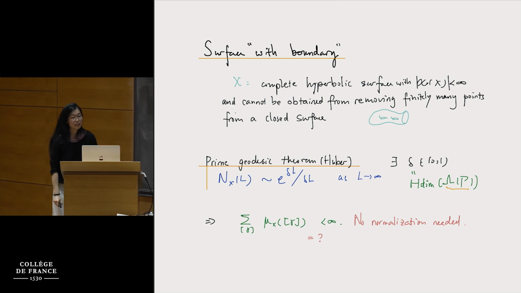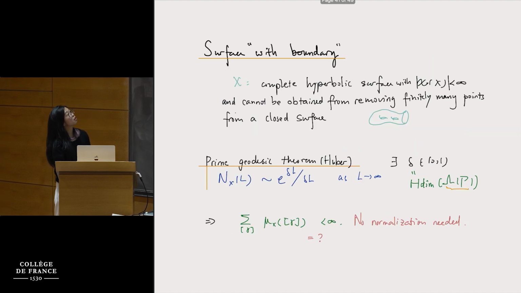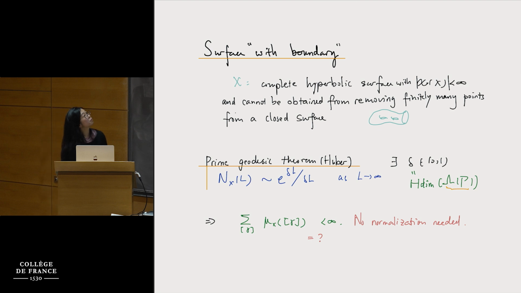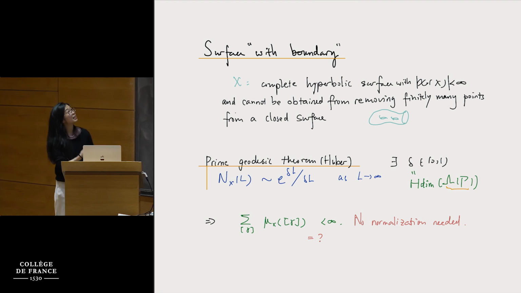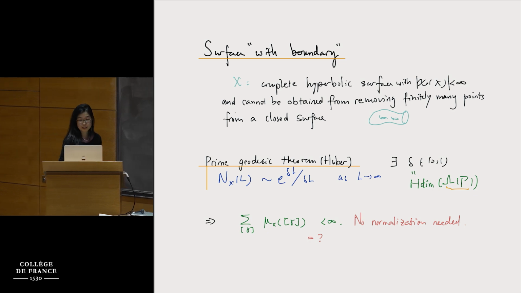So finally, I want to ask one open question that I don't know the answer to. Actually, the closed surface is harder because we need to do this renormalization. But if you start with a complete hyperbolic surface with at least one funnel and with finite genus, then the prime geodesic theorem would tell you that the counting of primitive geodesics is already exponential delta L, where delta is related to the Hausdorff dimension of the limit set of the Fuchsian group.